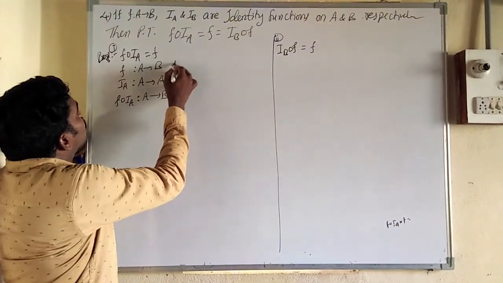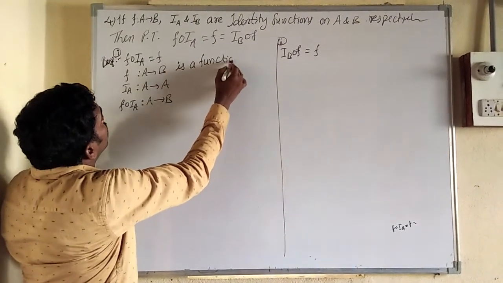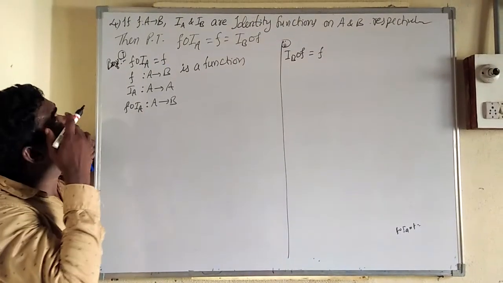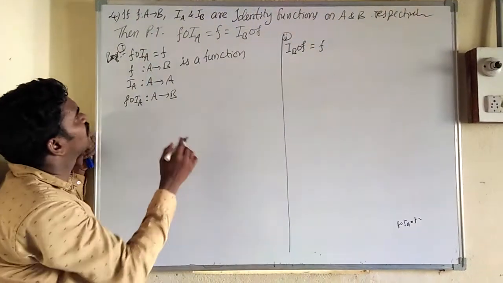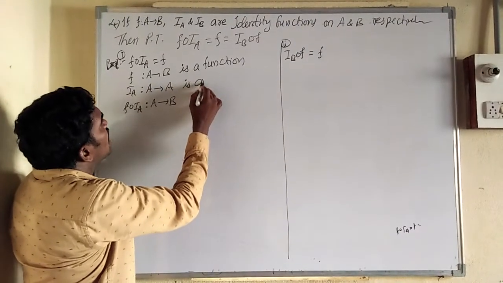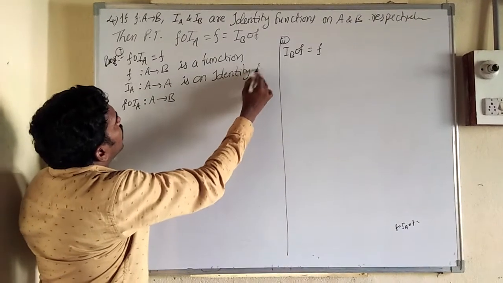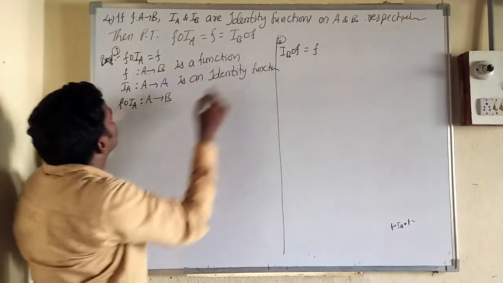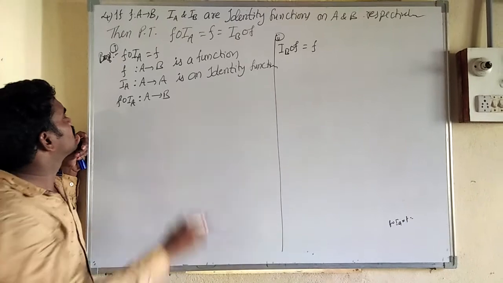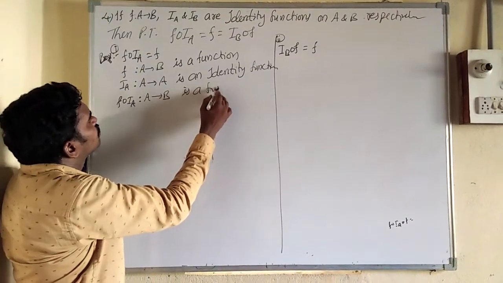F from A to B is a function, not a bijection, because it is not mentioned about bijection. It's just a function. IA maps from A to A, and IA is an identity function. F circle IA maps from A to B and is a function.